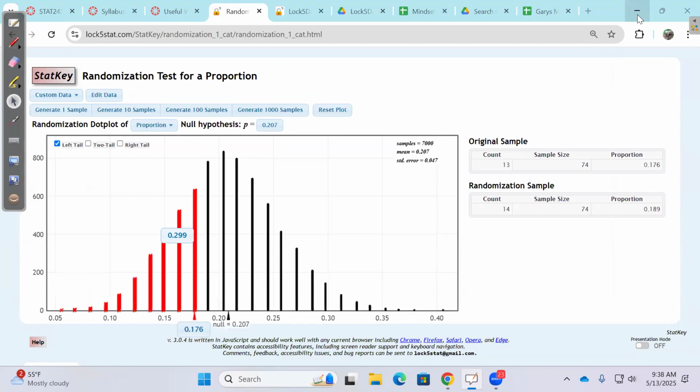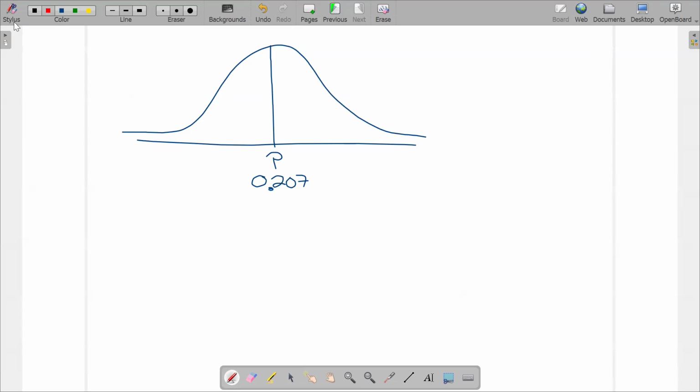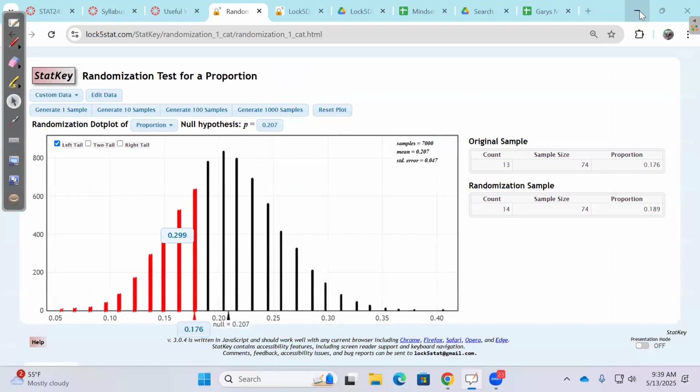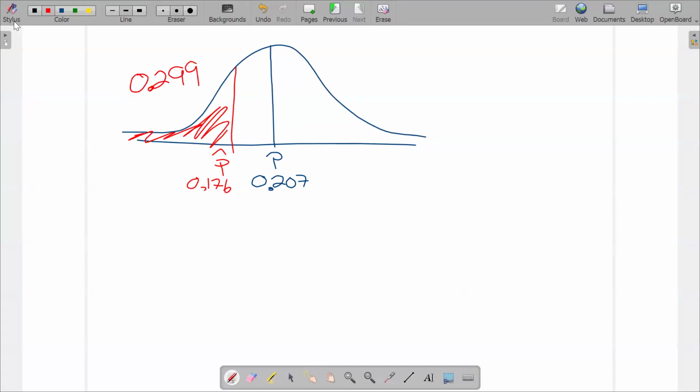It's not far off in the tail. It's closer to the middle. So it's about here. So that would be p hat, and that's my 0.176 from the sample. And then StatKey counted that about 0.299, so 29.9% of other samples would be smaller. Yeah. That's my p-value. Lots of p's floating around here.